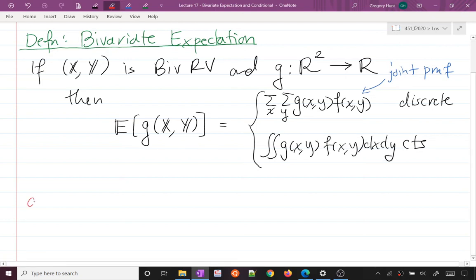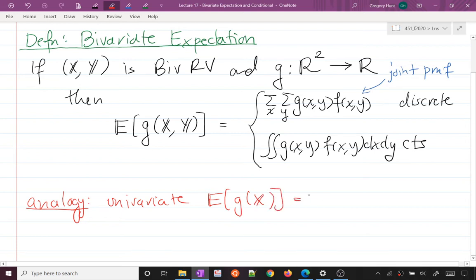So this is analogous to the univariate case, where if I looked at, say, the expected value of g of X, in the continuous case it'd be g of x, f of x, dx, and we integrate that.